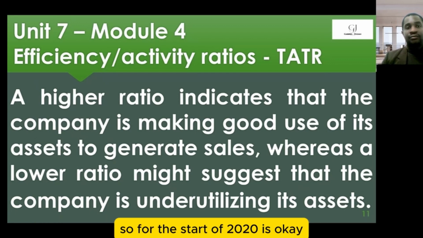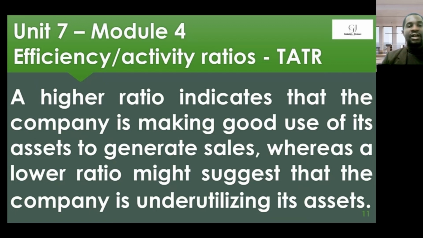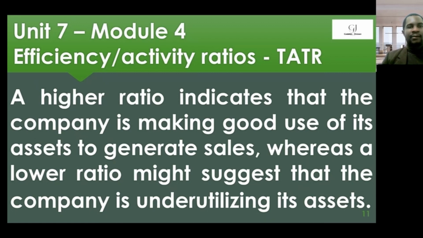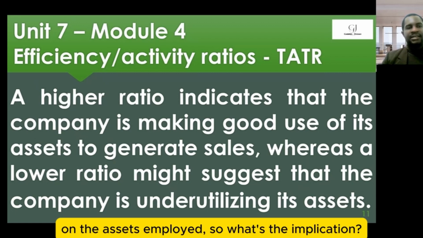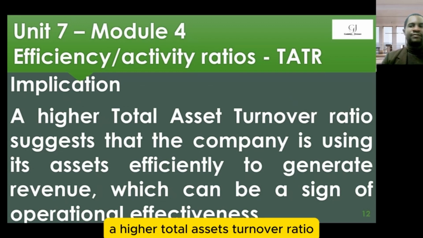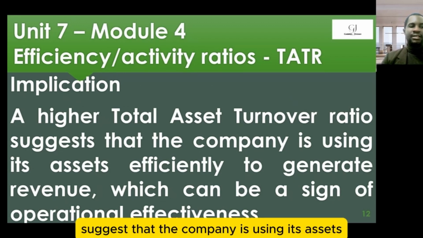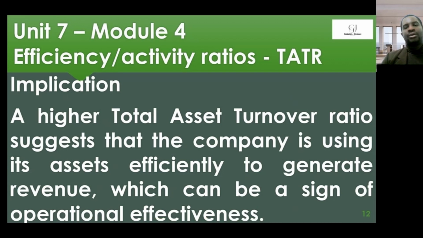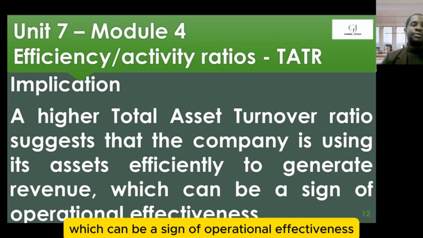So for the start of 2020, it's okay to have one time at least revenue on the assets employed. So what's the implication? A higher total asset turnover ratio suggests that the company is using its assets effectively and efficiently to generate revenue, which can be a sign of operational effectiveness.